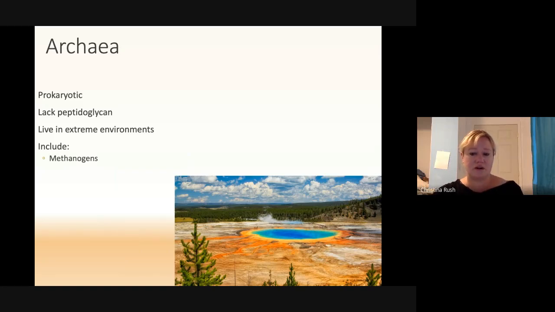So these are organisms that are going to use methane. Extreme halophiles. These are microorganisms that prefer an environment that's high in salt or sugar, but really it's salt because we don't have sugar out in nature. And extreme thermophiles, meaning that they like it very, very hot.